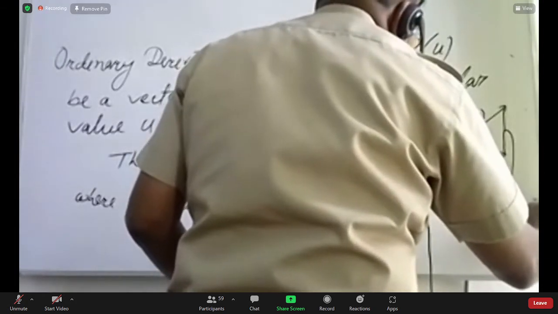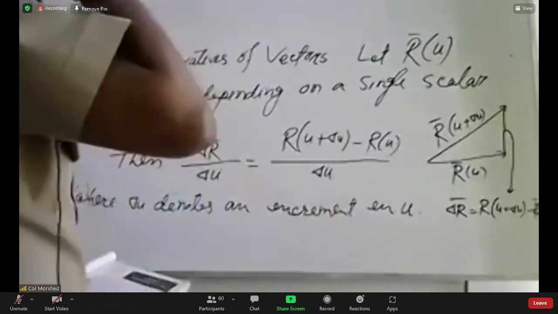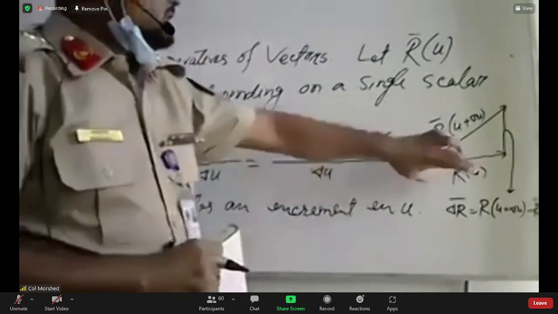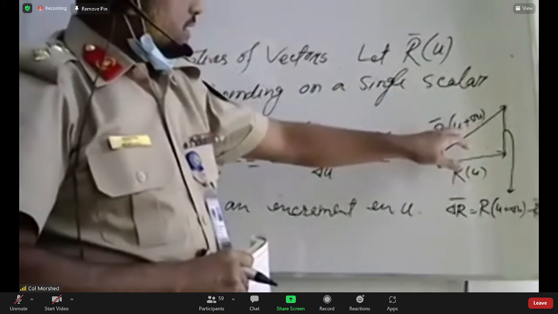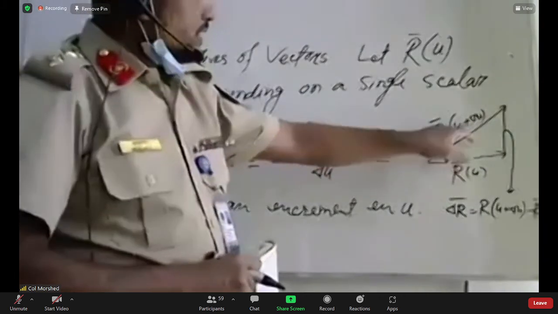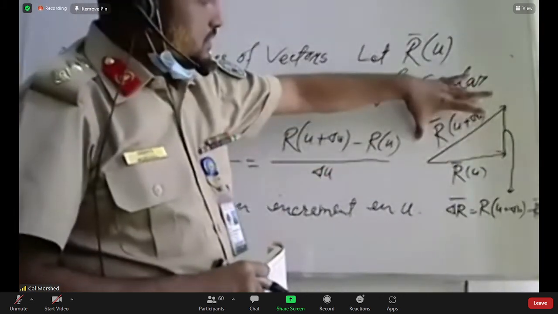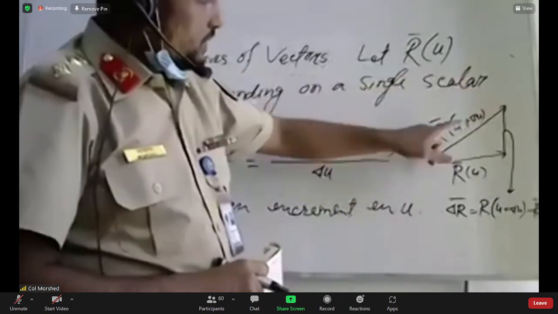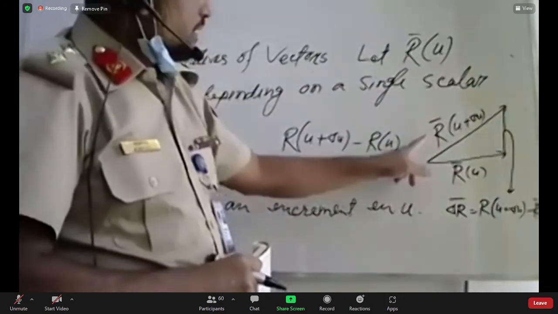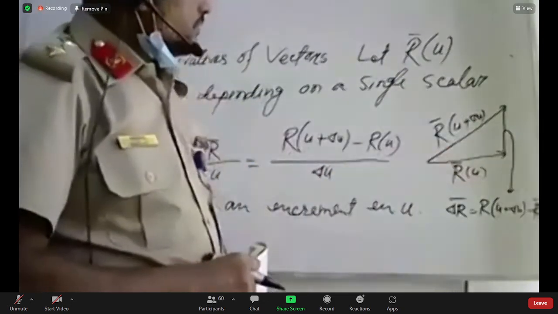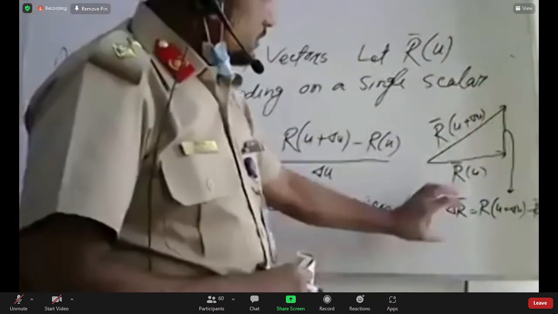This is r(u), this vector, and for a small increment in u, u plus delta u, the new function is r(u plus delta u), and the increment of the vector is delta r.